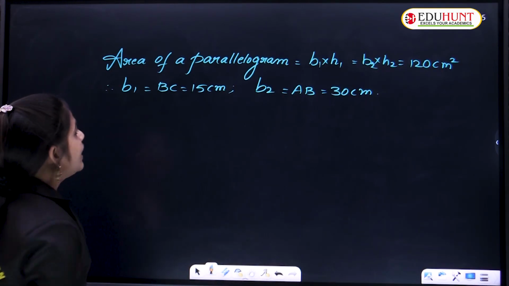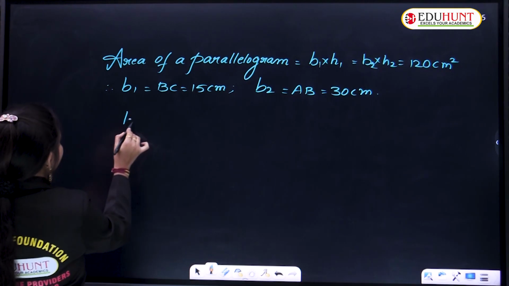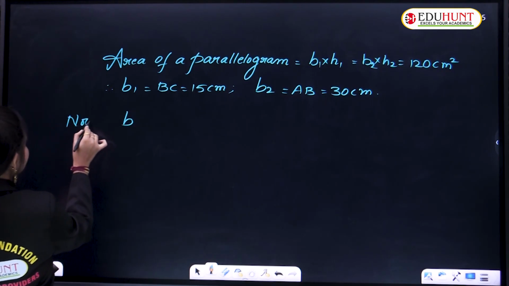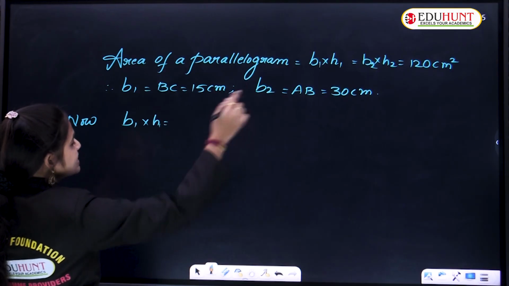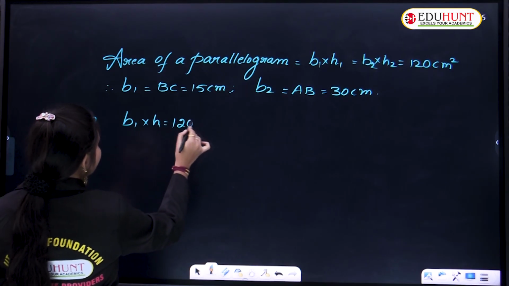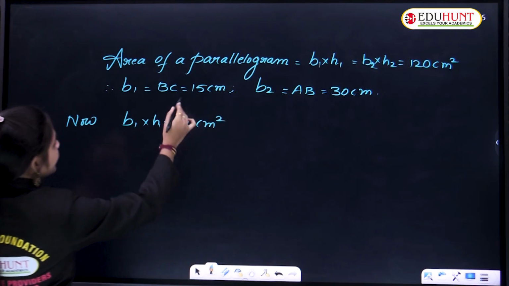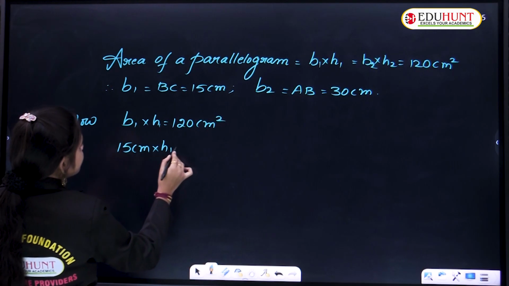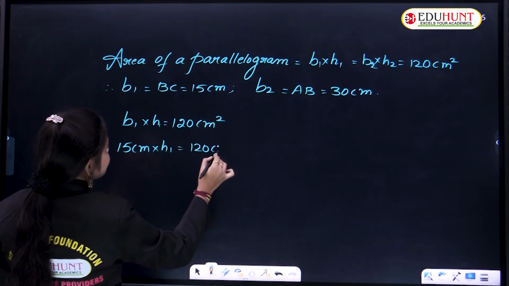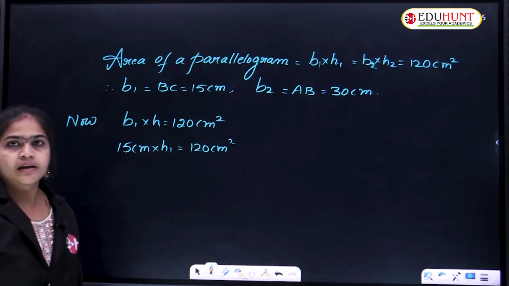Am I clear to you? Now B1 into H1 is equal to the area, 120 centimeters square. B1 is 15 centimeters, so 15 centimeters into H1 is equal to 120 centimeters square. Clear?